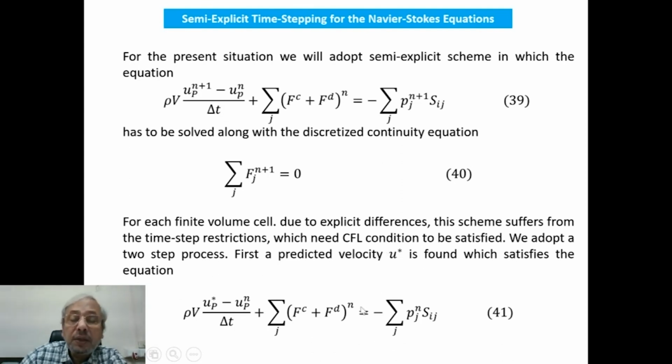Now first, since all pressure at nth level is available, and convection diffusion contribution at nth level is available, we advance it explicitly through this equation, but we cannot write n plus 1 here because we are advancing through a time step delta t, but this velocity, whether it is u velocity, v velocity or w velocity, has not satisfied the continuity equation as yet.